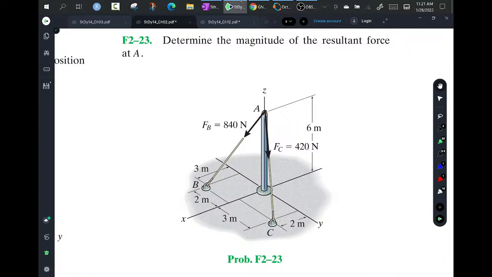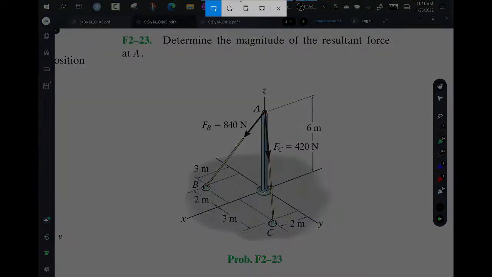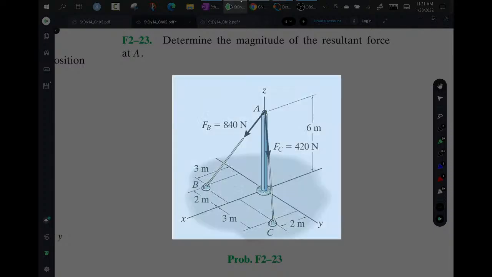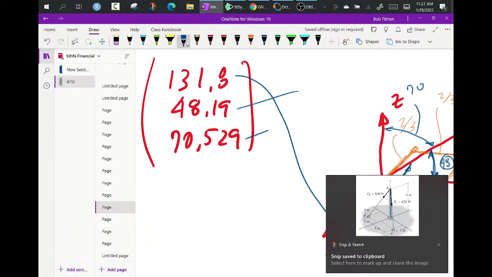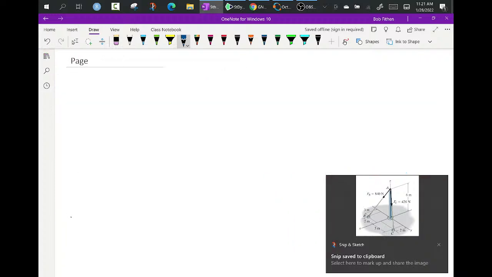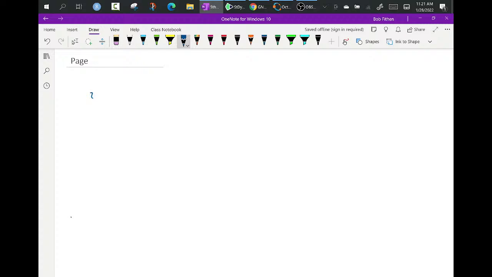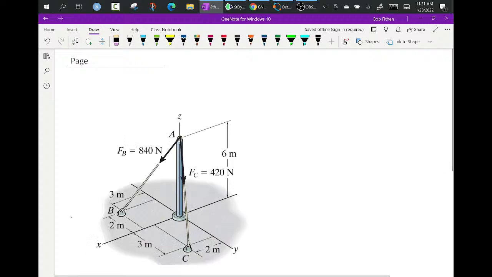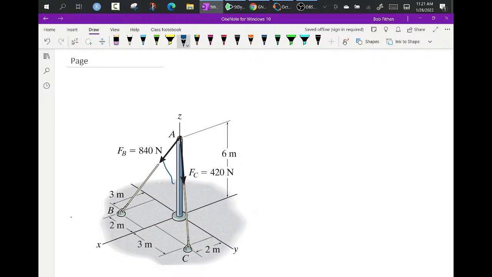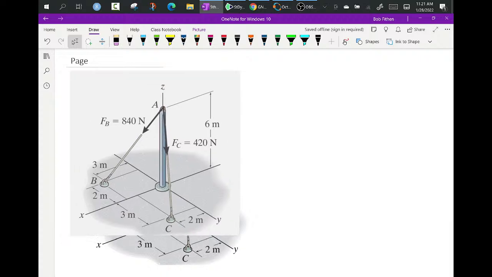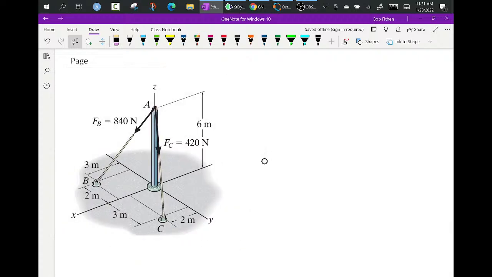So here, let me see if I can grab it. Then we'll have to put it on its own page and just put it somewhere up there. Oops, I guess I just didn't touch it correctly.